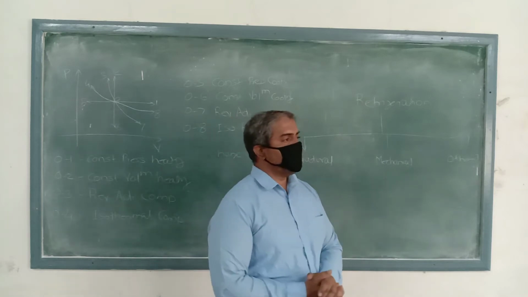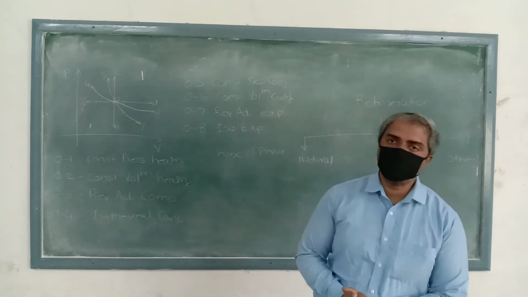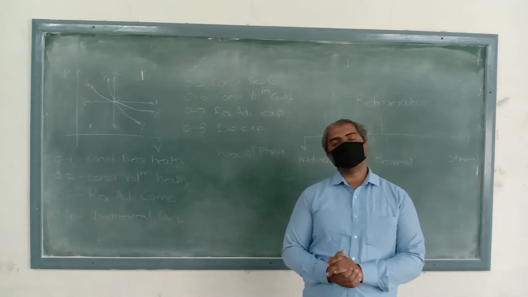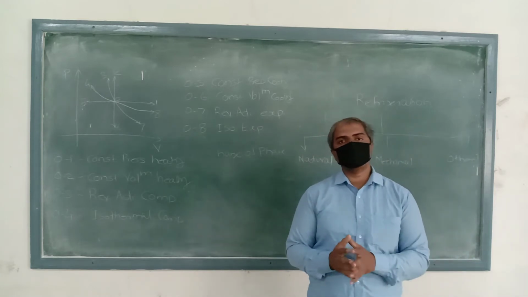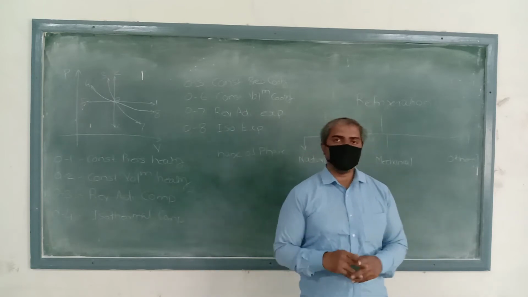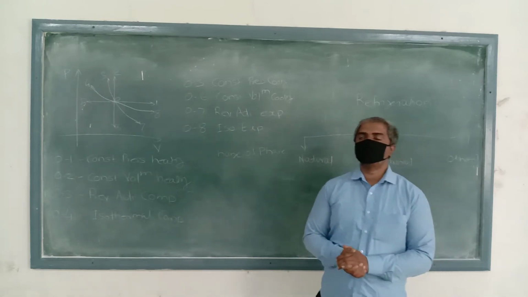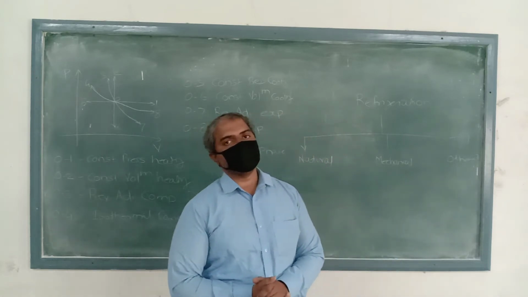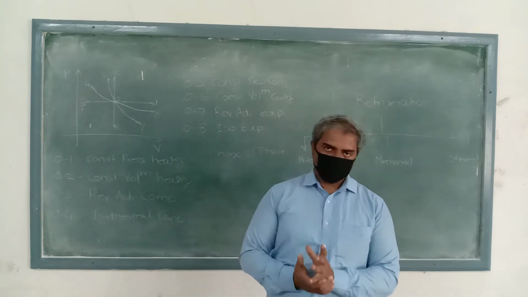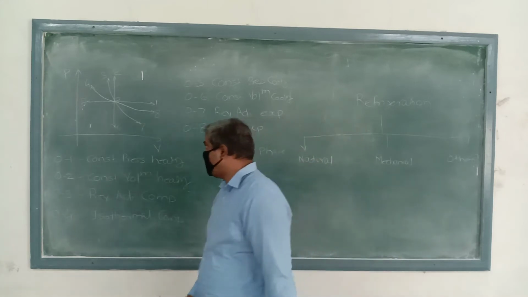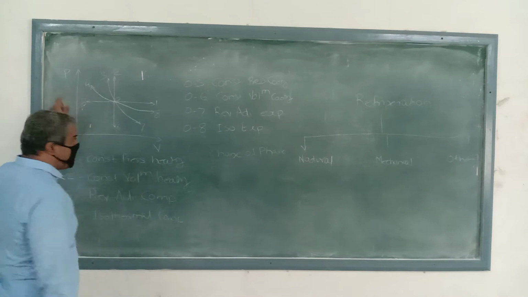Before studying the refrigeration subject, we are going to see the processes which we have discussed in the second year, because these processes are very important while discussing the cyclic processes in refrigeration. I have plotted here one PV diagram.